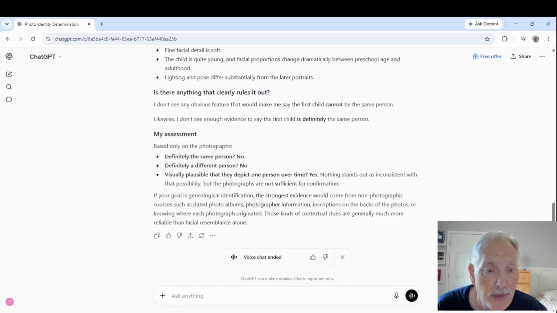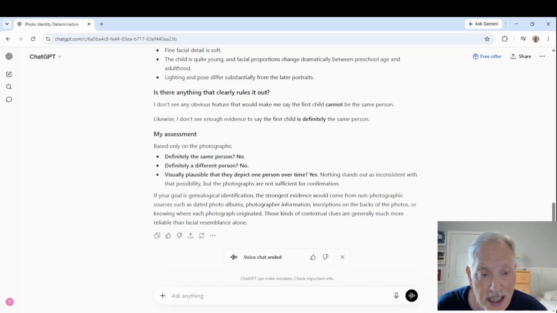My assessment, based on only the photograph: definitely the same person? No. Definitely a different person? No. Visually plausible that they depict one person over time? Yes. Nothing stands out as inconsistent with that possibility, but the photographs are not sufficient for confirmation.